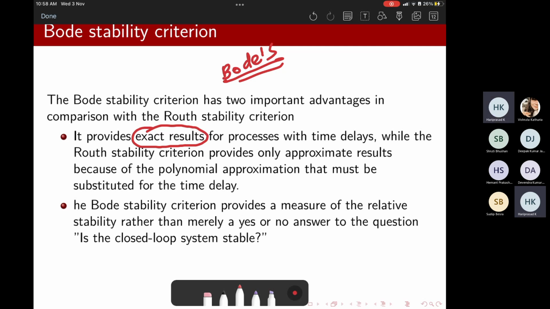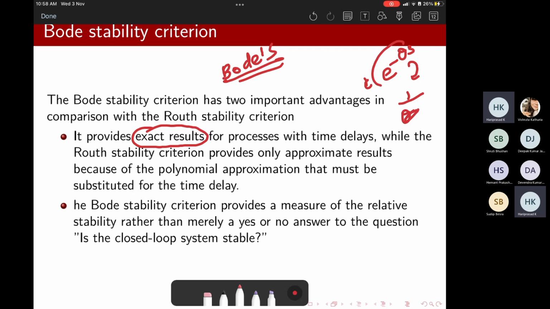Because if you are using the Routh stability criterion, and there is a time delay system, if the time delay is in the numerator, how do you deal with that time delay? You have to use a time delay approximation, make that a polynomial and take it into the denominator.